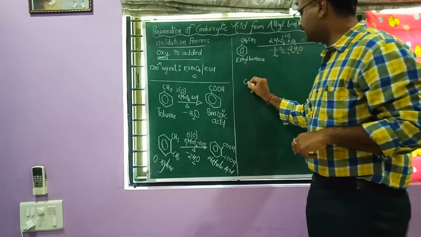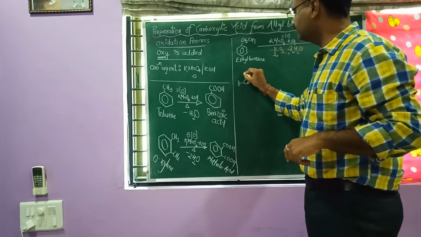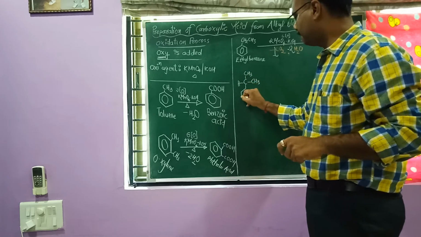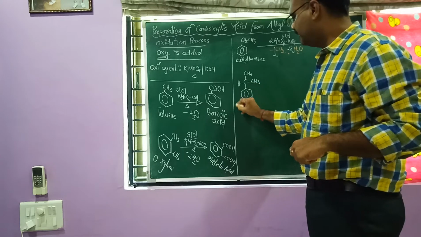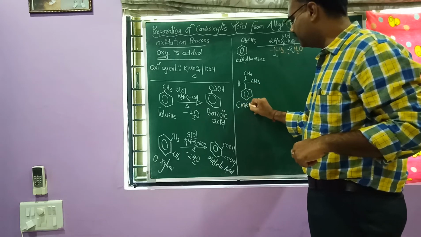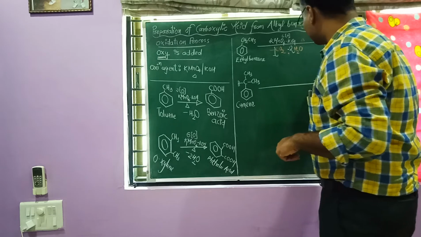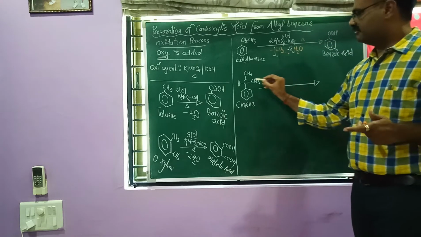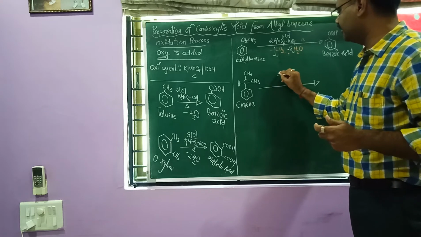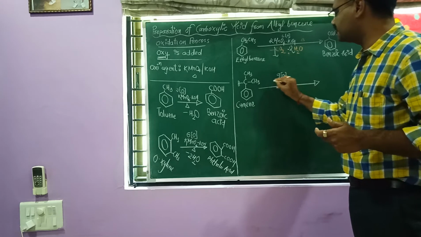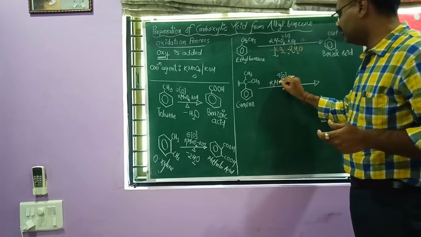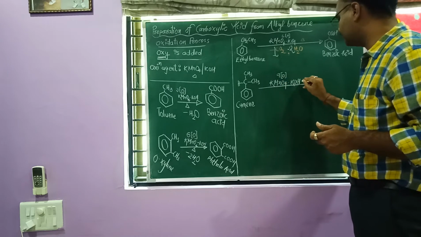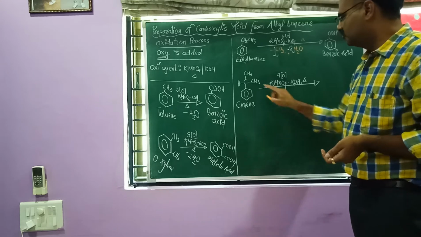Now we consider the example of isopropyl benzene. As we understand, isopropyl benzene is also known as cumene. Now you understand 1, 2, 3 carbons. 3 multiplied by 3, total 9 oxygen should be added. Our oxidizing agent is KMnO4/KOH in presence of some heat.